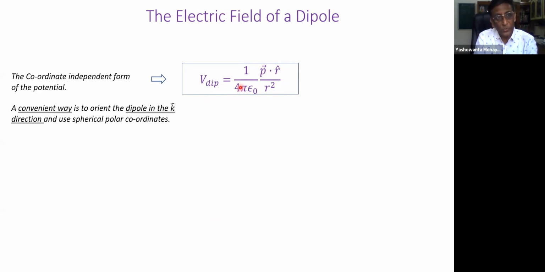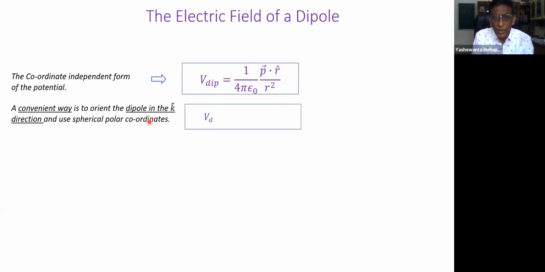While working on problems also, this is to be kept in mind. Especially in spherical polar coordinates, which is normally where dipole problems are worked, because the field lines have some spherical symmetry. And because of that, there is a convenient way.